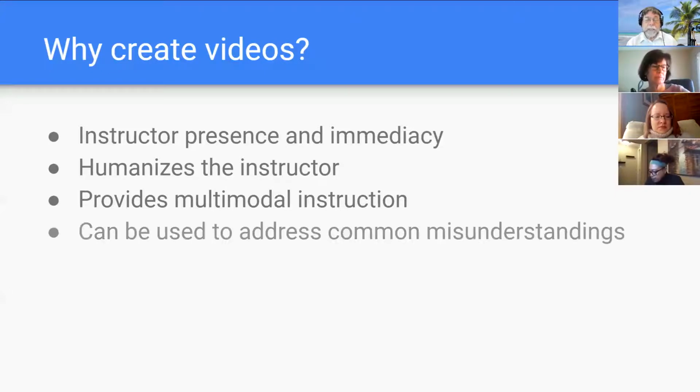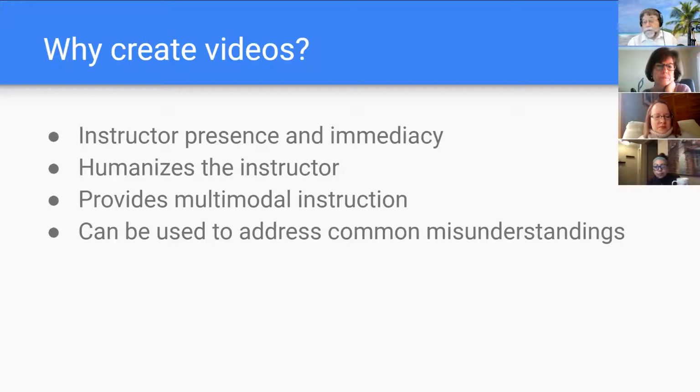And one really useful thing to do, if you're not going to create many videos, is that if students are submitting work and they're making mistakes, create a short video just to explain those concepts, so that you can do some just-in-time videos to help students with the things that are the bottlenecks, the things that they have trouble understanding.